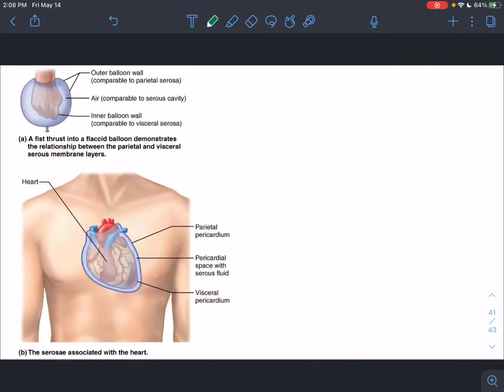Okay, and this kind of shows it here. This is a good way to visualize it. So again, remember, our serous membranes are double layered. So we like to think of it as like a balloon. And if you were to stick your hand into a balloon, there's going to be a balloon directly touching your hand, right? The balloon directly touching your hand is going to be called the visceral. And I think visceral, V for very close.